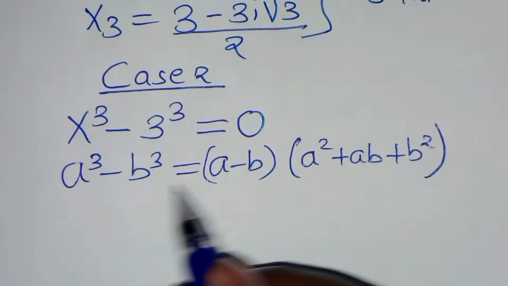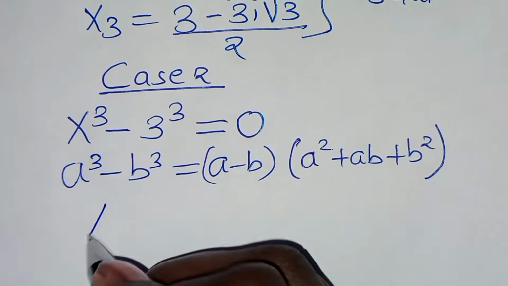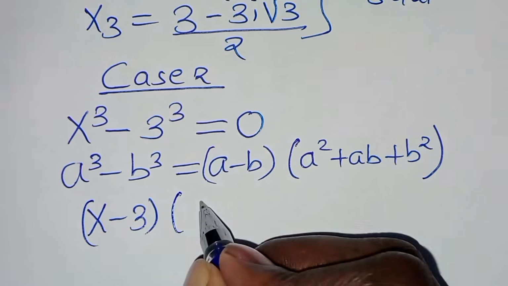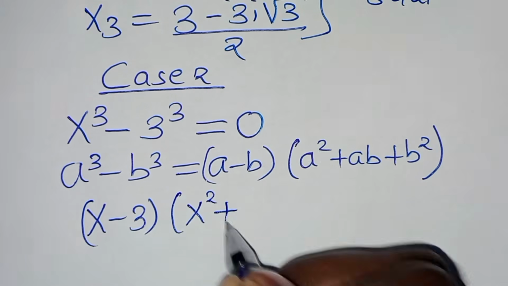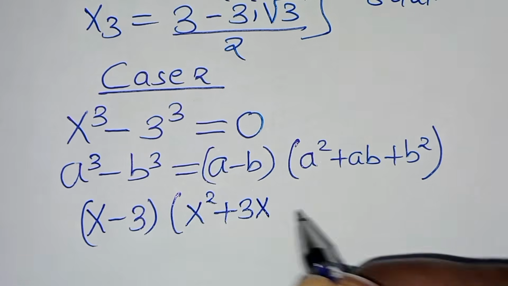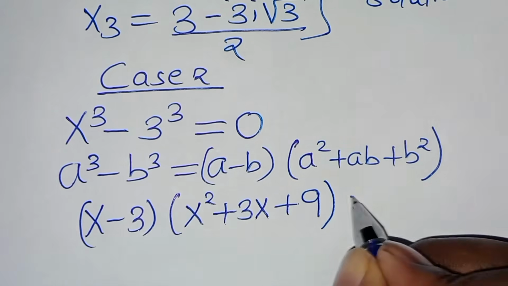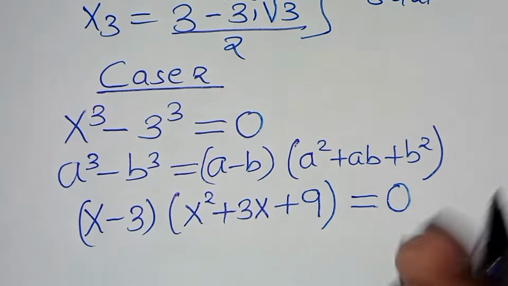Applying this identity, then here we have x minus 3, x squared plus 3x, then plus 3 squared, which is 9. This is equal to 0.